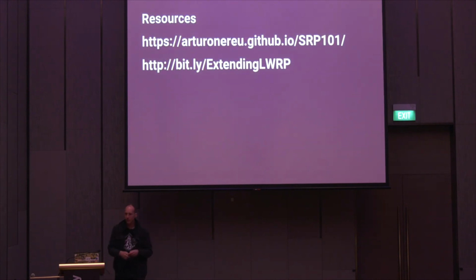So if you're interested in doing this, there's some good resources you should go to. The first one here is from our Mexican evangelist, Arturo. He's just collected all these resources about the scriptable render pipeline in general, including the lightweight render pipeline. And this is links to the documentation, various GitHub repositories, and also Unite talks that have been given on this topic.